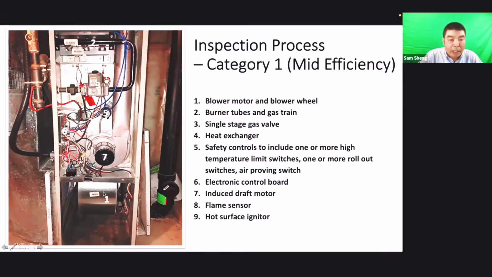And sometimes on the blower motor housing, outside the housing or on the side, there will be a temperature sensor too. So there are more safety switches than category 1. The air pressure switch detects the air.